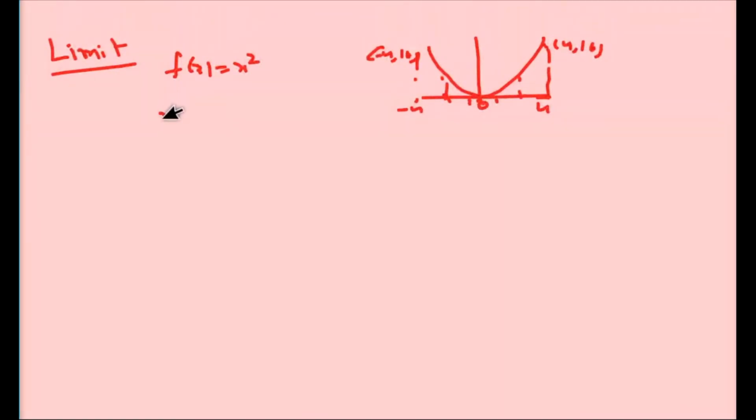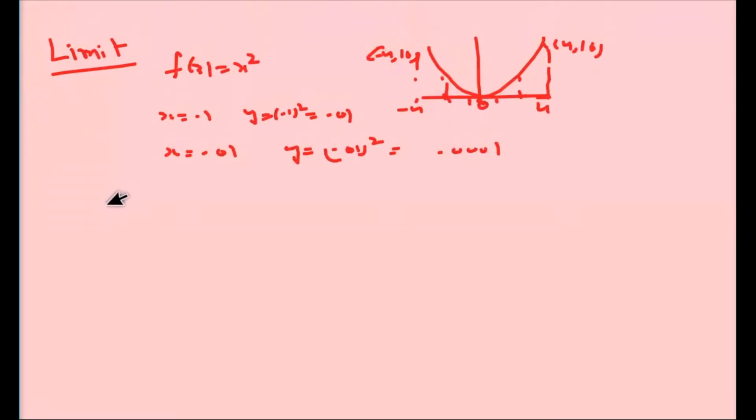Let x equal to 0.1, then y equal to 0.1 square, which is 0.01. Let x be 0.01, then we get y equal to 0.01 square, which is 0.0001. You can see that when x tends towards 0, y always tends towards 0, isn't it? So it is a limit.